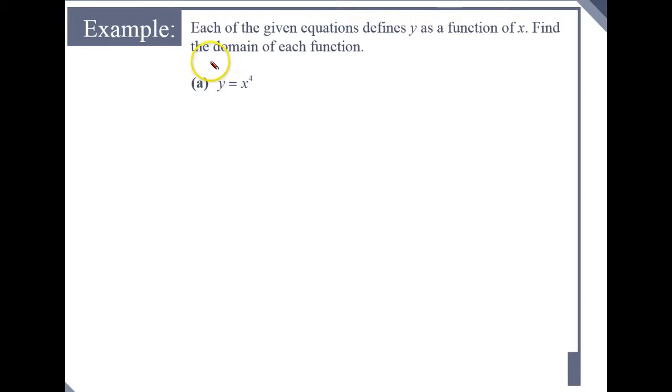So another way to write that would have been f of x equals x to the fourth. Now, are there any values of x that would make this statement untrue? And the answer is no.